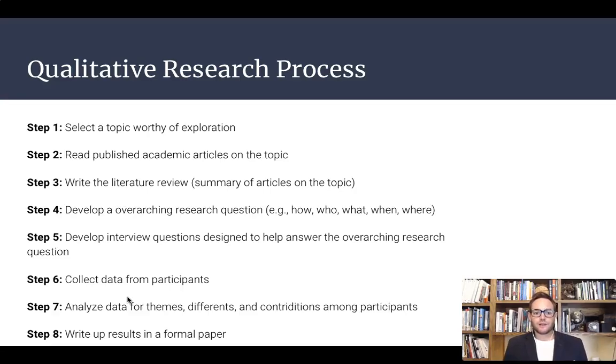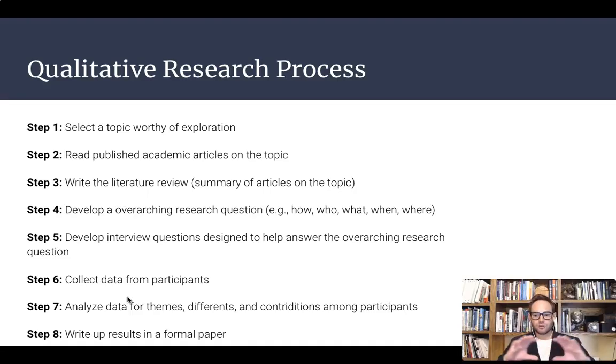What's the why? Why is this important? And so by writing the literature review, that gives us an opportunity to convince the reader that this is important to study.